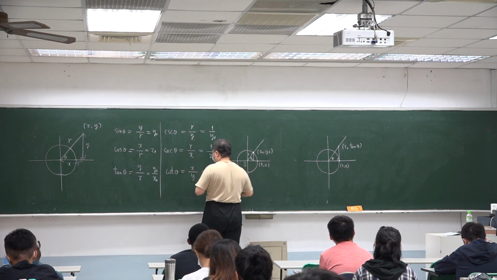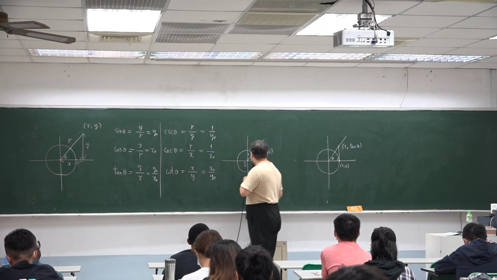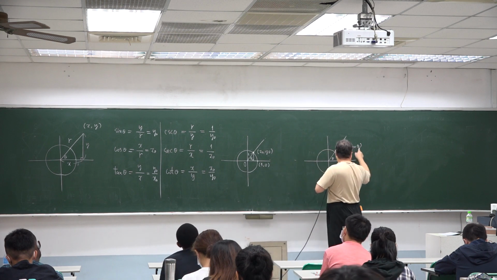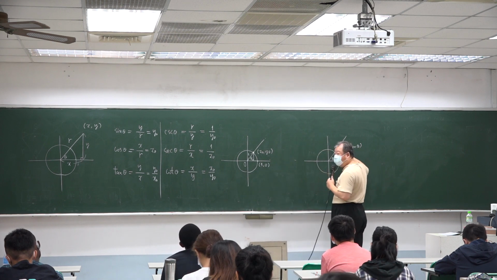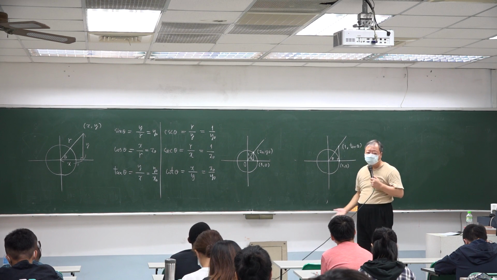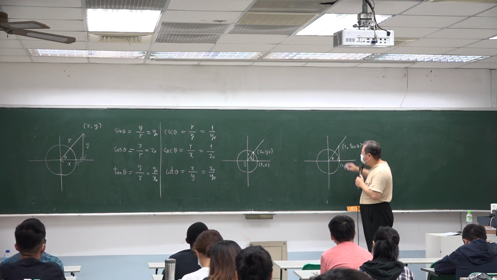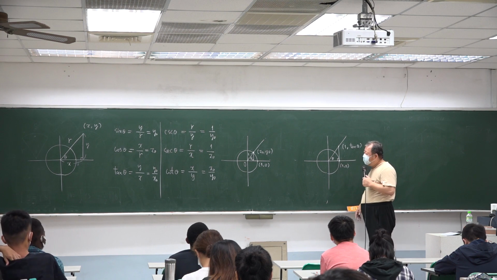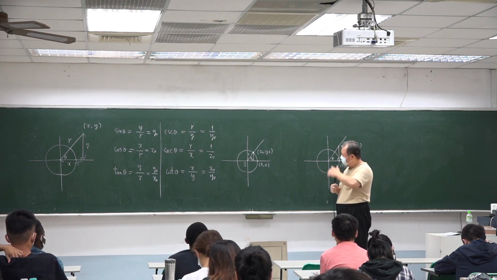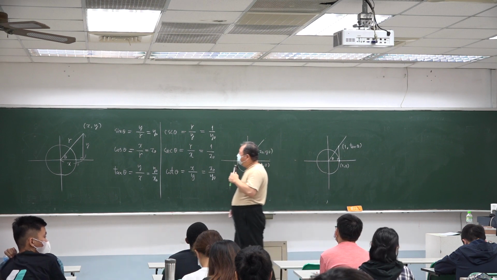Y naught to x naught. If this one is 1, y to x, exactly, this one is tangent. Okay. The length of this one is tangent. So anyway, let's go back to here.